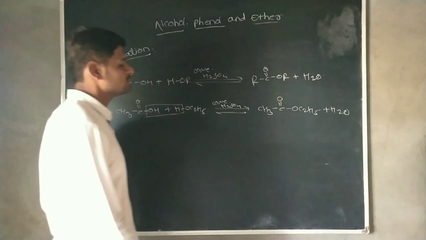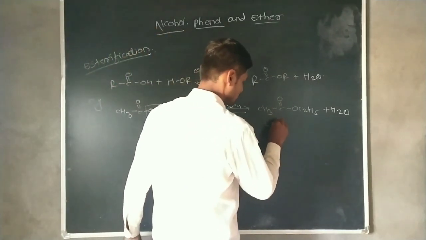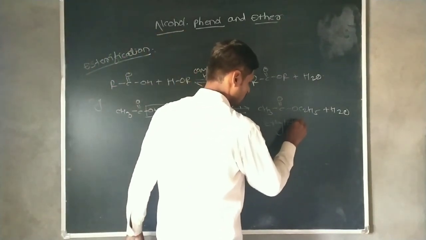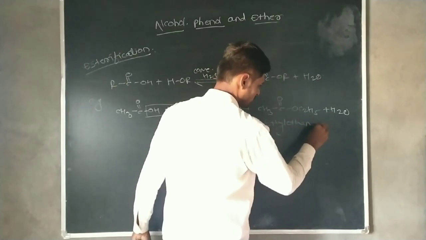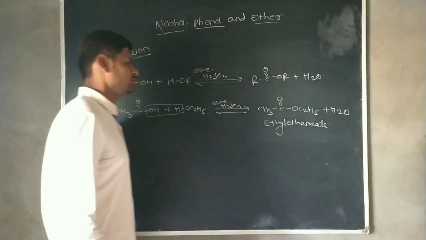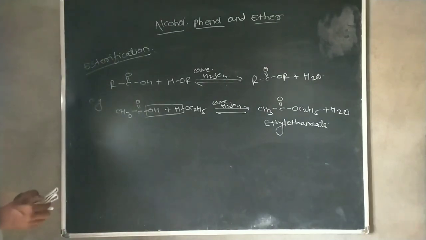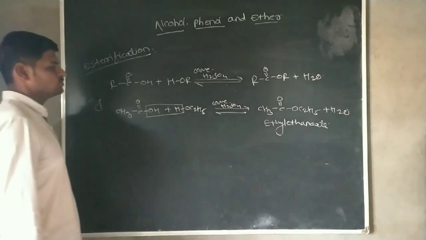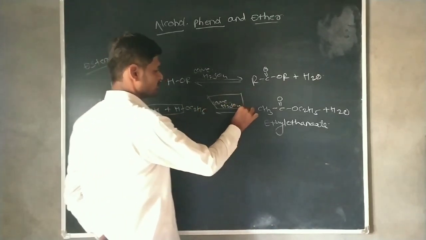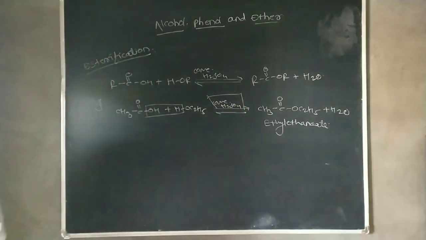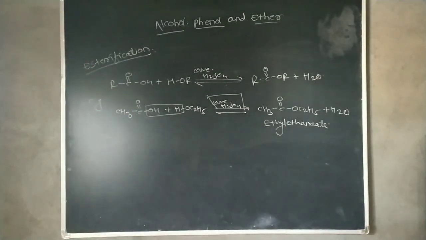The name of this ester is ethyl ethanoate. In this reaction, we use the concentrated H2SO4.